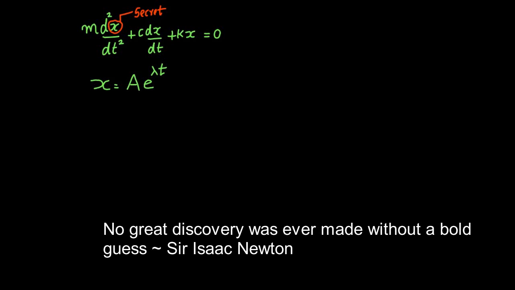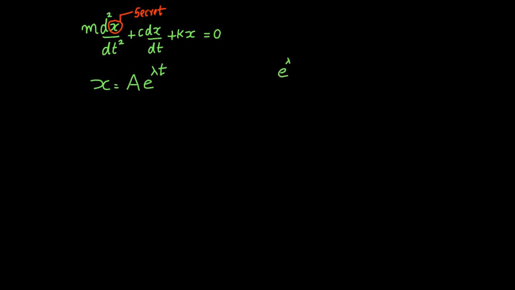I'm going to give you the reasons why we assume this solution. Before we actually solve the differential equation, I'll explain why we assume this particular solution to this second order differential equation. The first thing to notice is, if you differentiate e power lambda t, or e power t for that matter, let us make it simple.